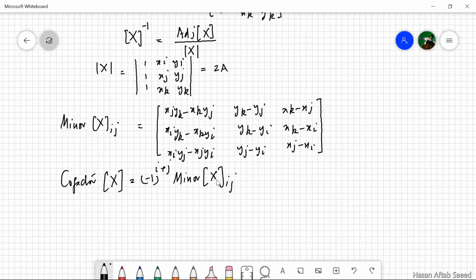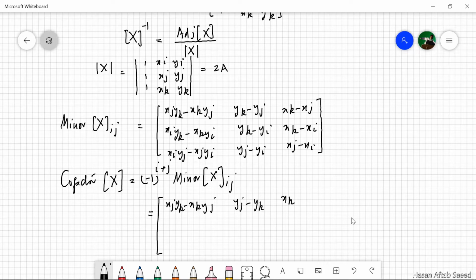That is, we have to add the column and the row number, and if it's an even number we leave it as it is. If it's an odd number we change the sign, and that means this one remains as it is because 1 plus 1 power is 2. Here we change the sign.